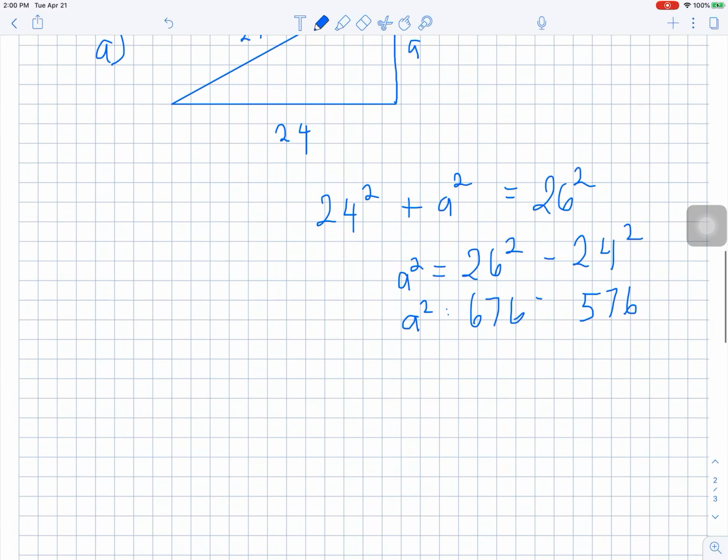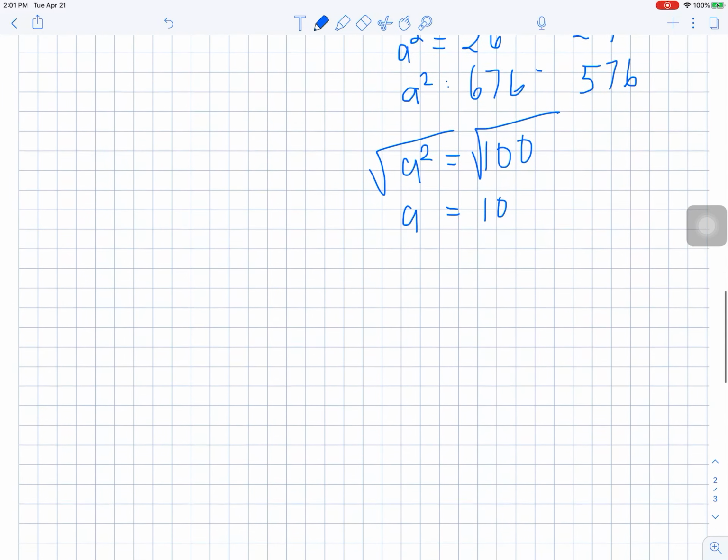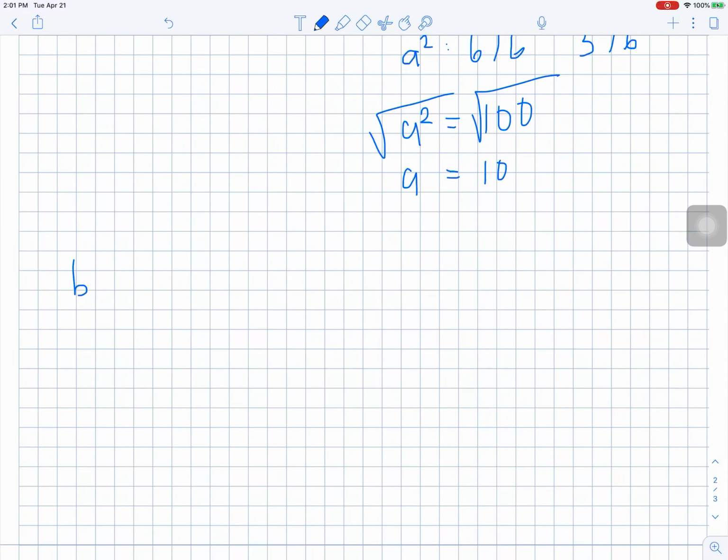So if you see 676 minus 576, we learned that A squared is 100. Now we have to do a square root of both of those, and we get what A is, and that is 10. So we know that A equals 10.